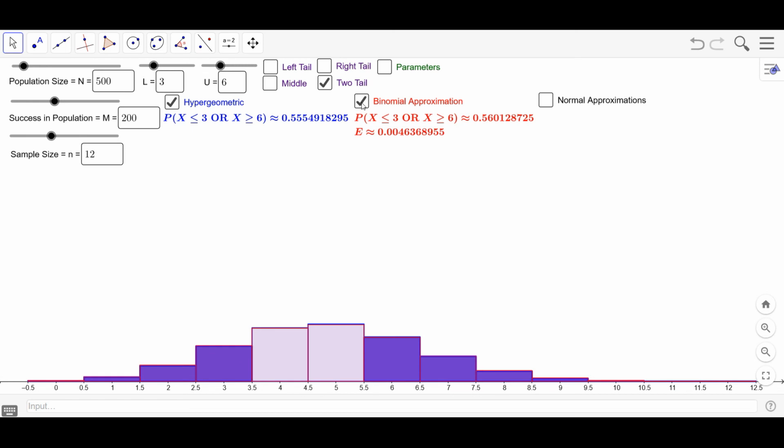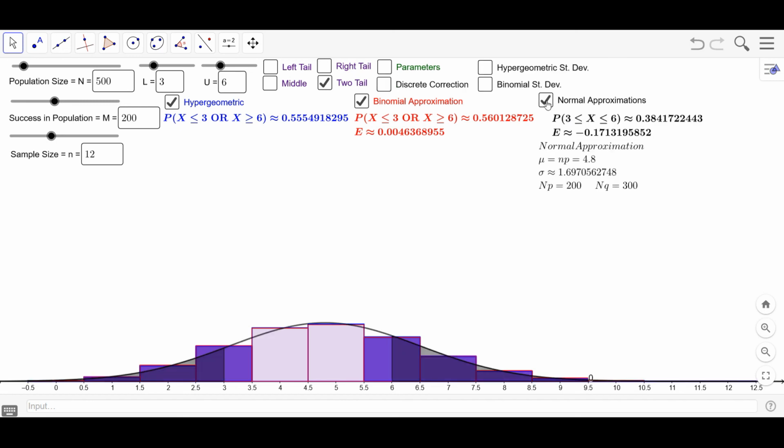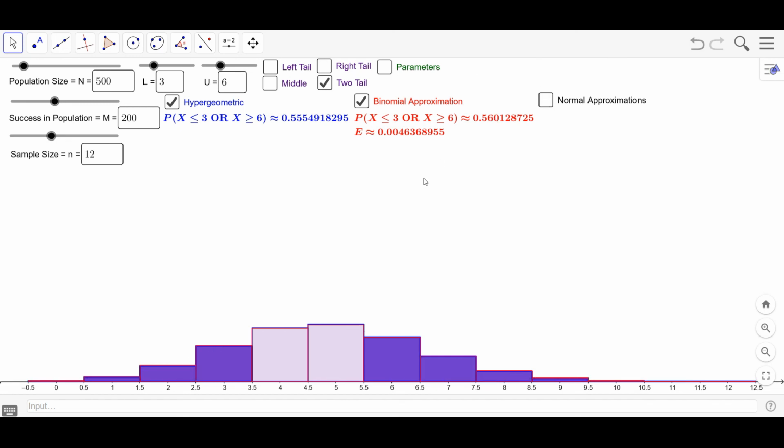But we can use binomial to approximate the hypergeometric if the population size is big, and there's probably no need to go to the normal approximation. So anyway, you can experiment with this app in GeoGebra and see what's happening as you play around with these sliders, boxes, and check boxes, and experiment with some different options there.